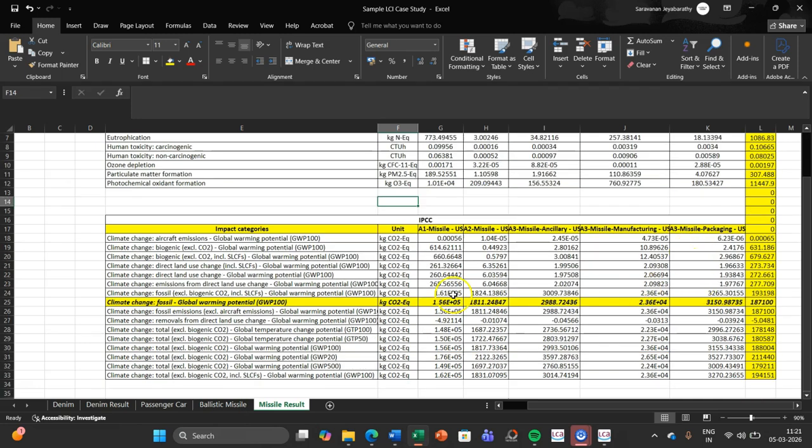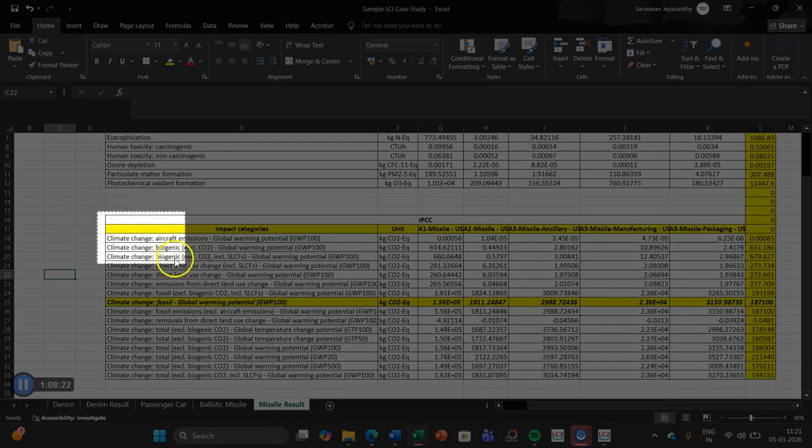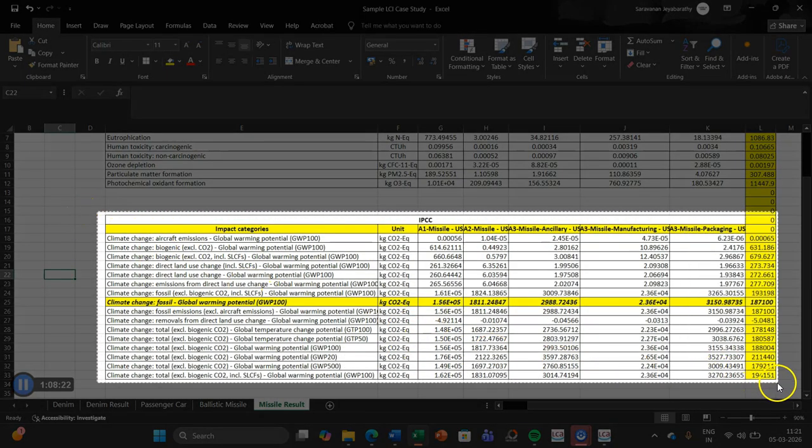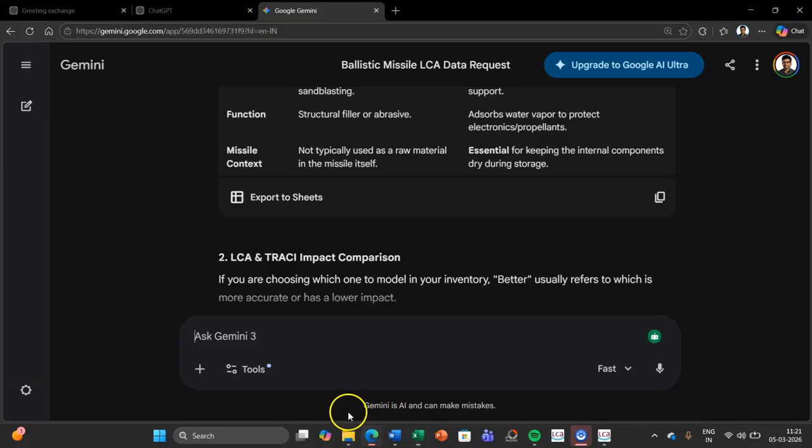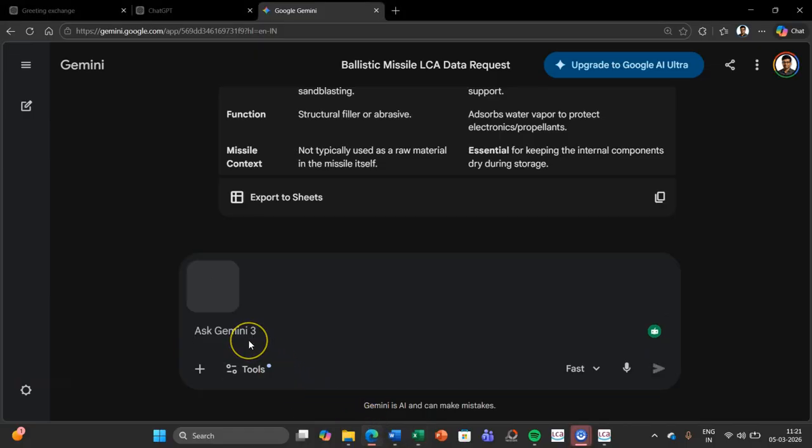So what's the number? We see GWP 1,87,100. Let me share this with Gemini, because this is the result I got using the IPCC method.